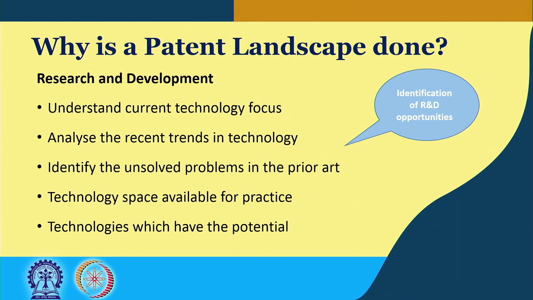It also helps in analyzing the recent trends in relation to a technology. So therefore, a patent landscape can differ in terms of the time period by which the patent landscape is done. So if you are looking at the most distal of the patents in a given area, or you are looking at the evolution of the technology in relation to the patents filed in a given area, then the patent landscape would be a very elaborate landscape.